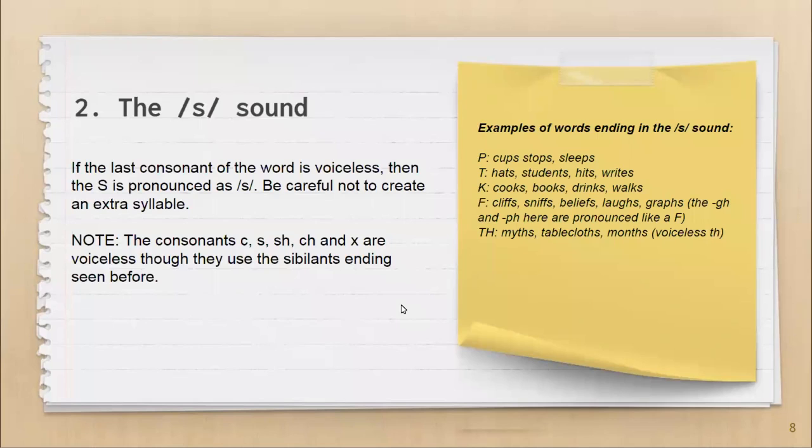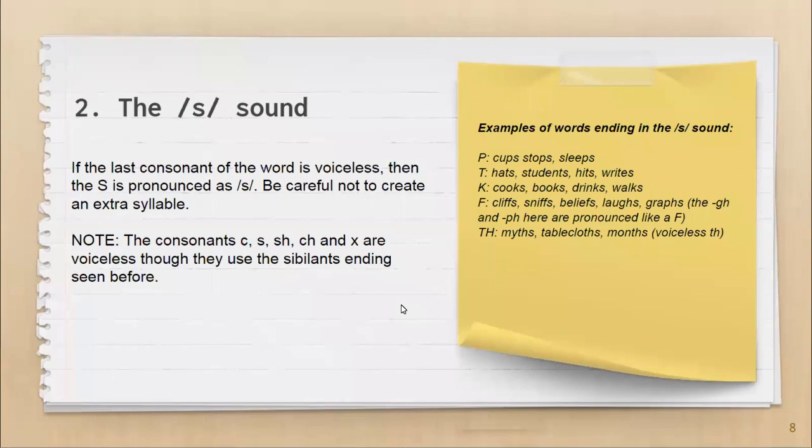Something to keep in mind is that the consonants C, S, SH, CH, and X are voiceless, though they use the sibilant ending seen before. Now let's see some examples to better understand this: cups, hats, cooks, cliffs, mitts, which has the TH voiceless.